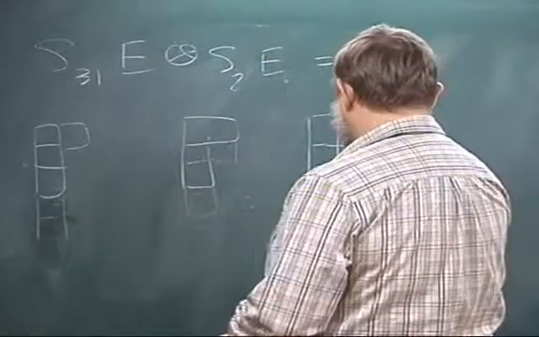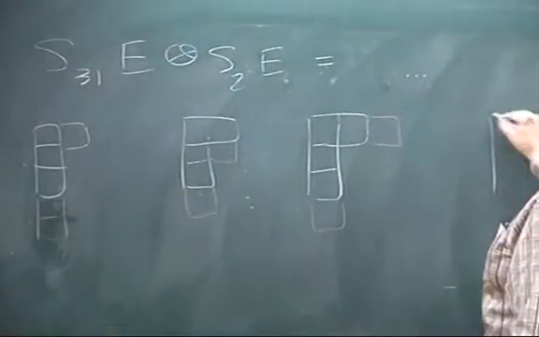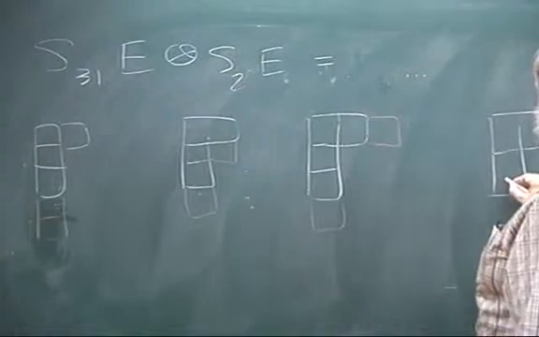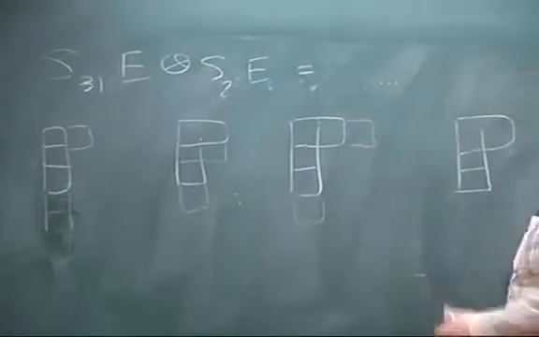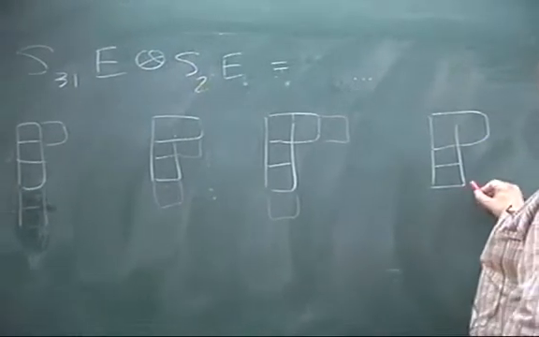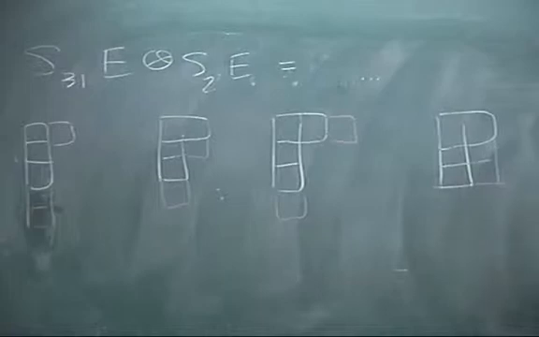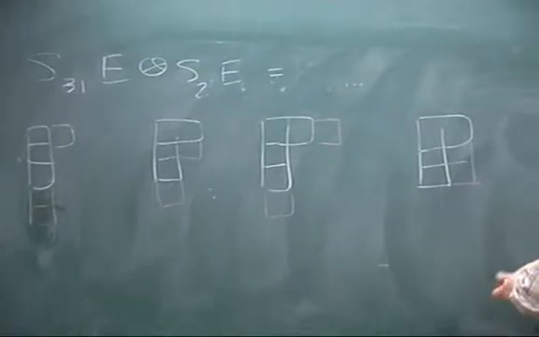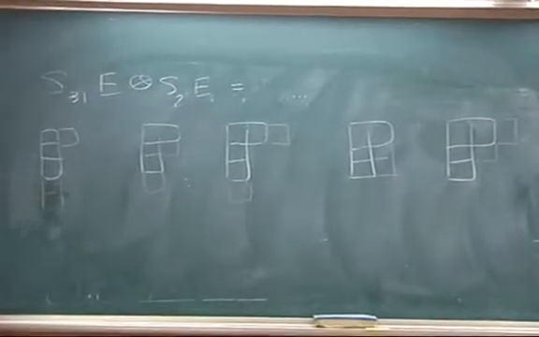Then I can add 1 box here and 1 box here, and this uses all possible ways. Then I have this one, and now I'm done.